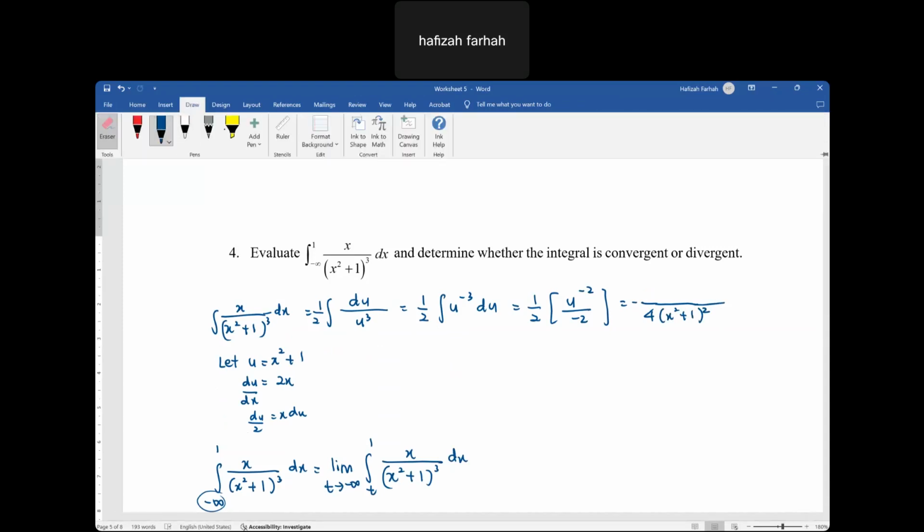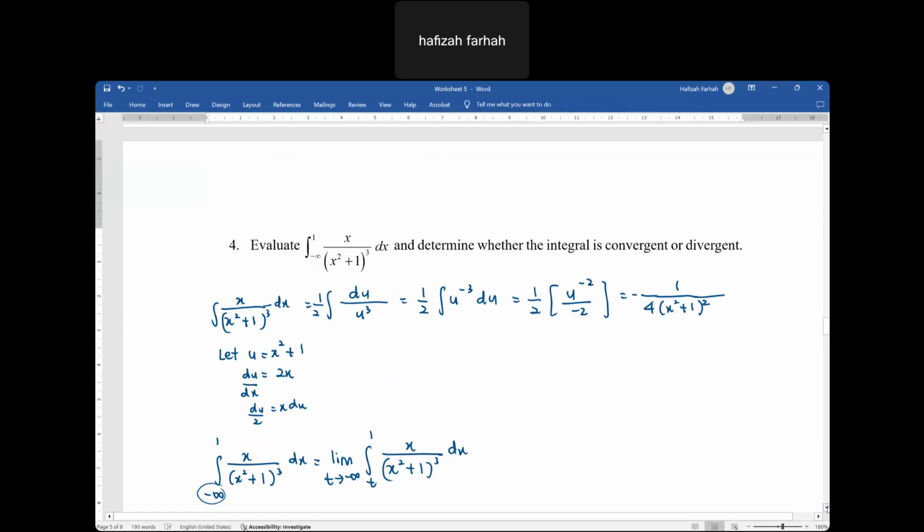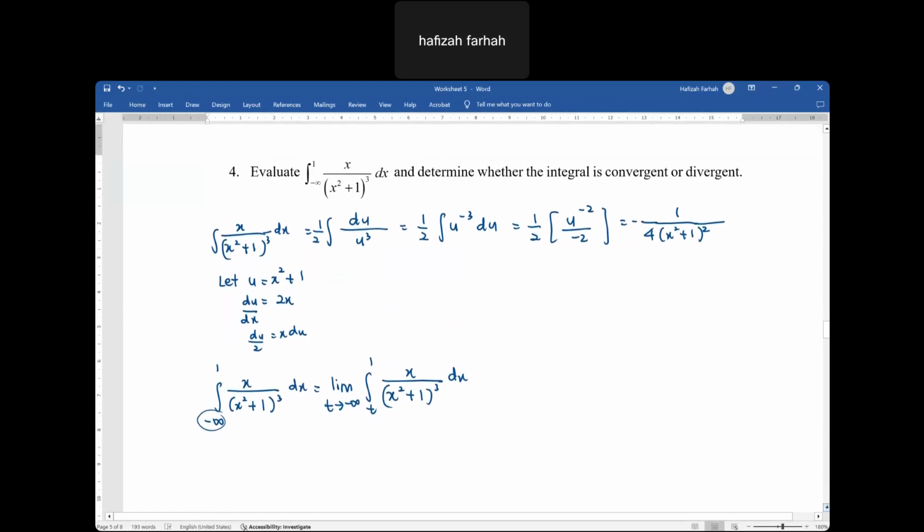Okay, now we have solved this integration. So we can just substitute into the improper integral, with t approaching negative infinity, 1 over x squared plus 1 squared, given t to 1.